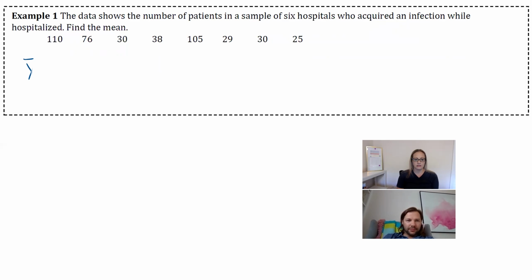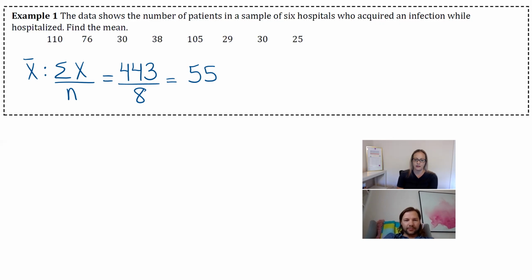But let's go ahead, let's get comfortable with our notation. So I'll jot that down as well. So X bar, our sample mean, is going to be equal to the sum of all of the X's divided by N. So if you add all those numbers up, you'll get 443. And there are 8 of them, so you divide by 8, and that comes out to 55.4.